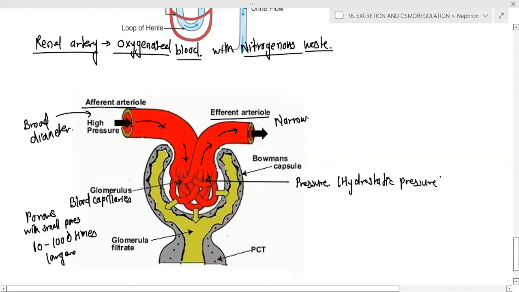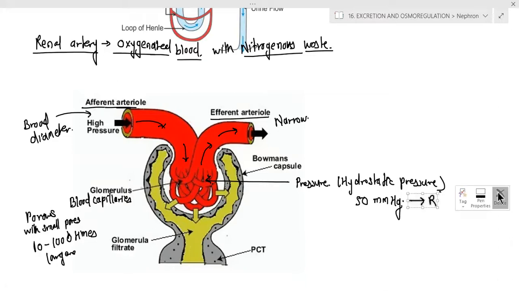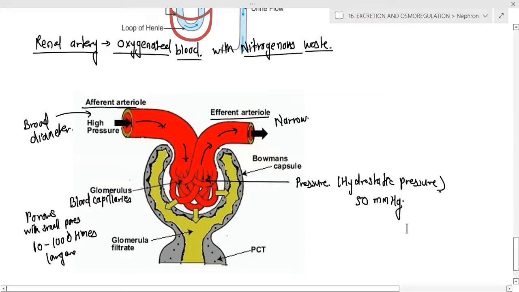Understanding? We can measure this pressure as 50 mm of Hg. Remember this. And this pressure is responsible, we will talk about it later on. You remember the measurement of the pressure and what this pressure is called. Okay, this is one thing.